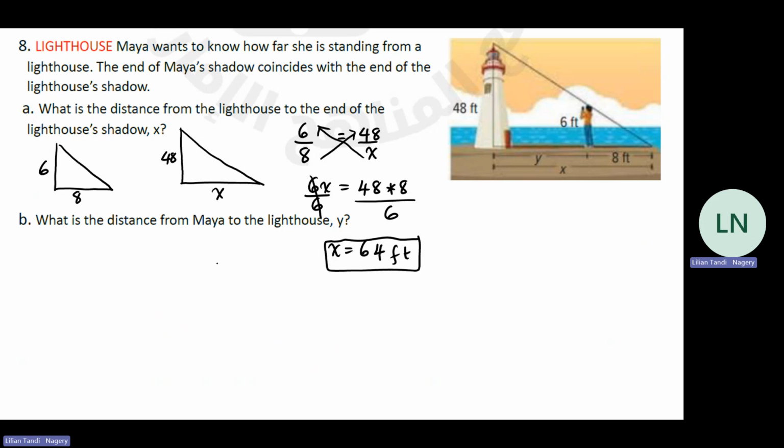Now, what's the distance from Maya to the lighthouse? So y equals x minus 8. And x is 64 minus 8, which should give me 56 feet. And we box our answer. Okay, 64 minus 8 is 56.